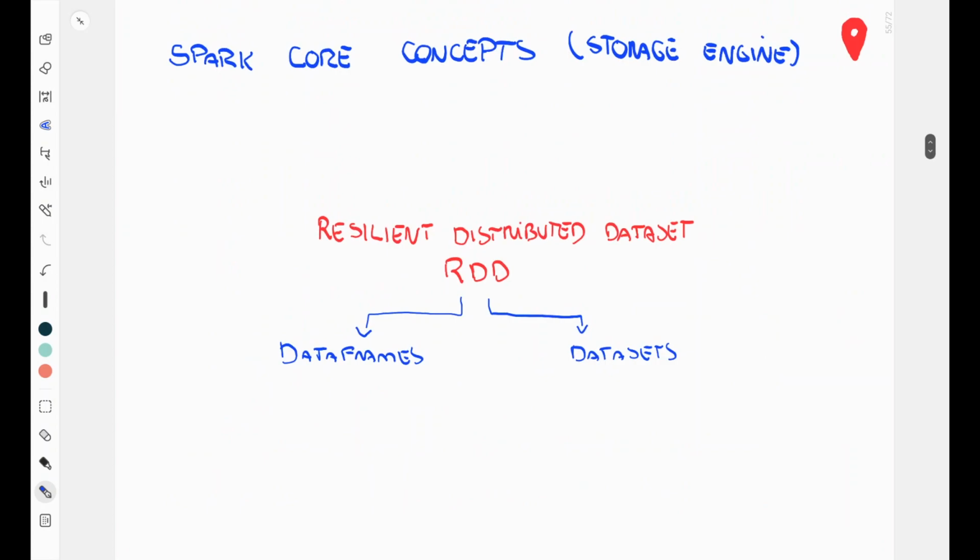You have here the same drawing about data structures, but basically you have RDDs that are more high level, and you have to set more things on RDDs.